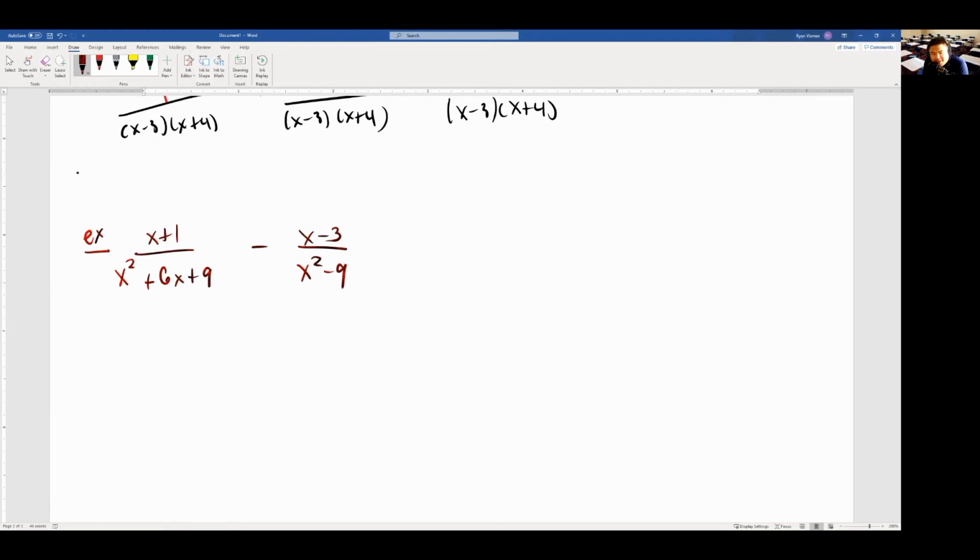X plus 1 all over x squared plus 6x plus 9, minus x minus 3 all over x squared minus 9. I'm waiting for someone to tell me what they think the LCM is.